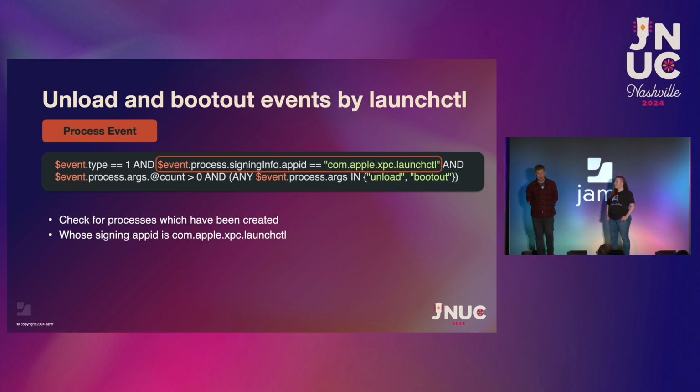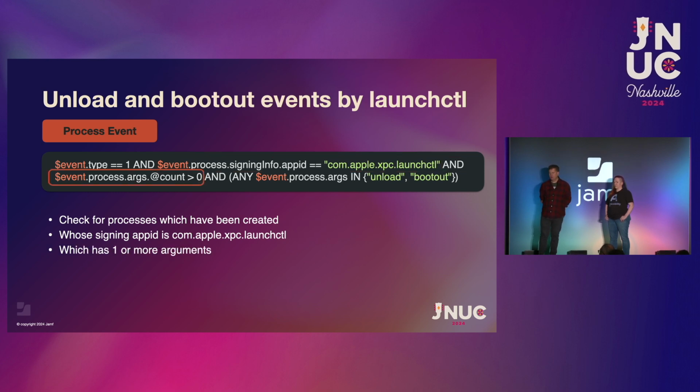Okay, so again, on the event process, we're going to dig into that just to make sure that whatever process got created matches launchctl. And then we're going to count the arguments. So how many arguments were passed to launchctl? Because what we don't want is false triggers. So if someone happens to run launchctl, maybe just for the manual page, we don't want to be triggered for that. We're only interested if someone's using launchctl and asking to do something.